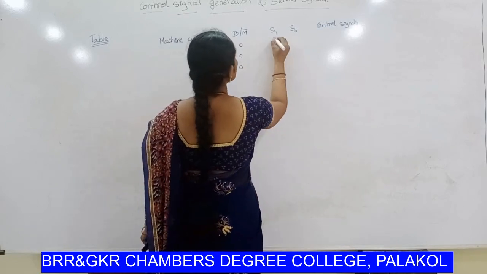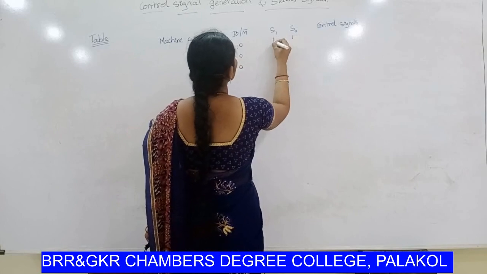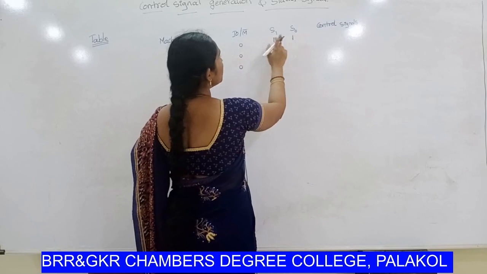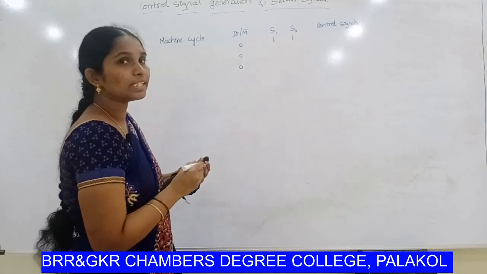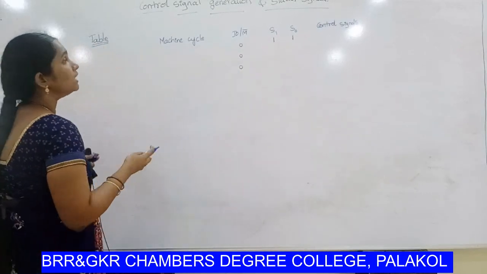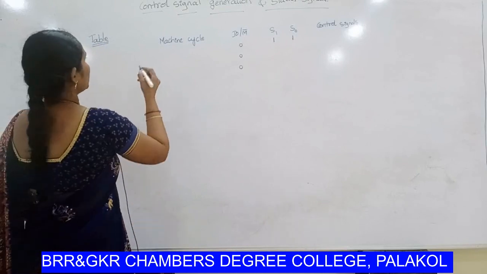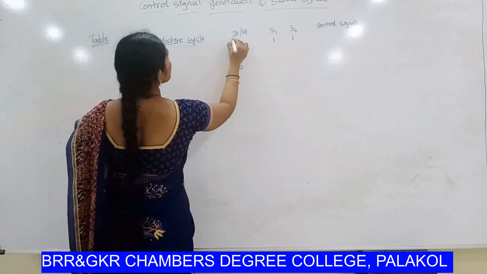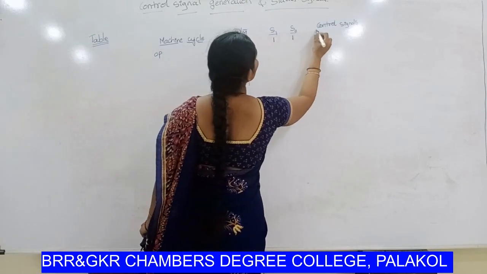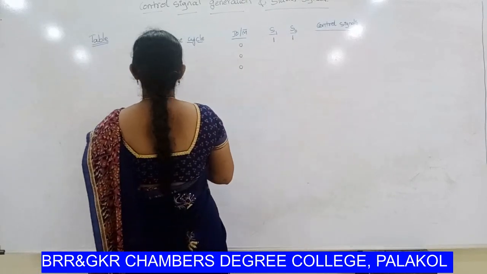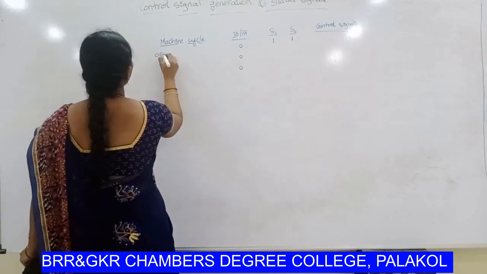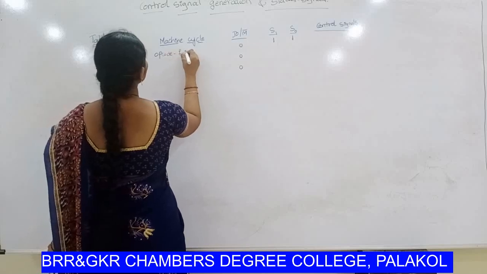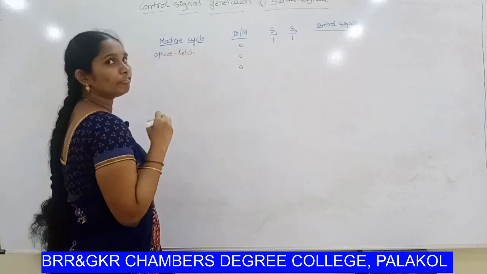So here the first is 1 and 1. What will be happening? S0 is equal to 1 and S1 is equal to 1. What is the operation of the microprocessor? It will be the opcode fetch operation.